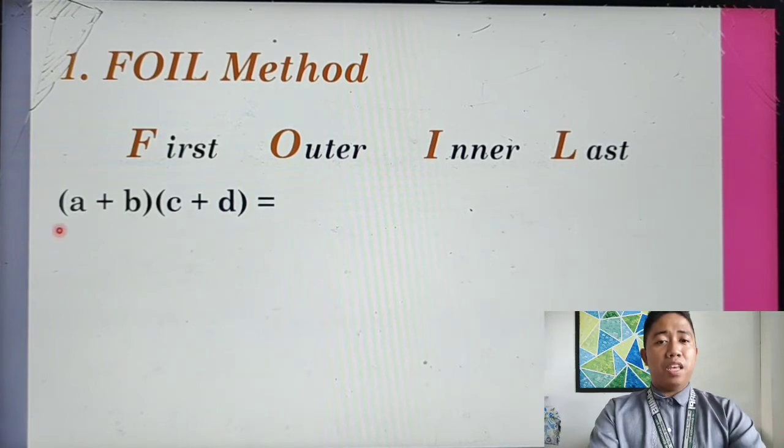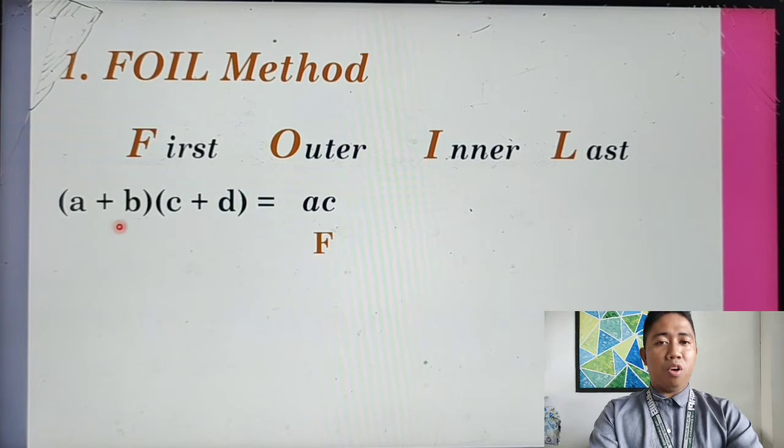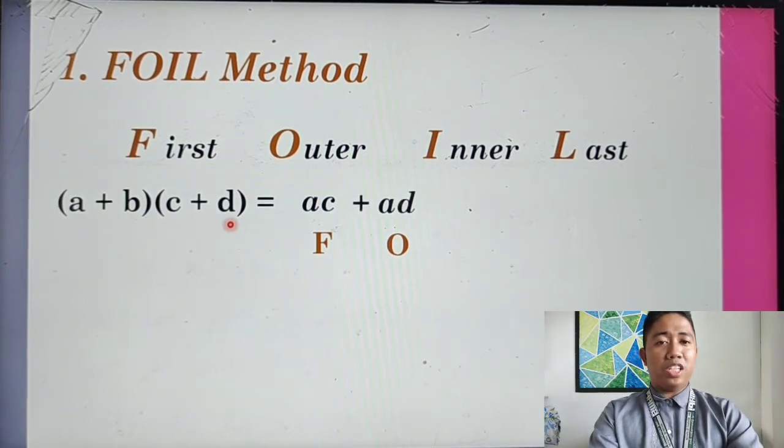The first factor is the binomial A plus B, and the second factor is the binomial C plus D. For the product, we follow the product of the first terms, which is F: AC. Next, we have the outer terms, the first term of the first factor and the last term of the second factor, A times D equals AD.